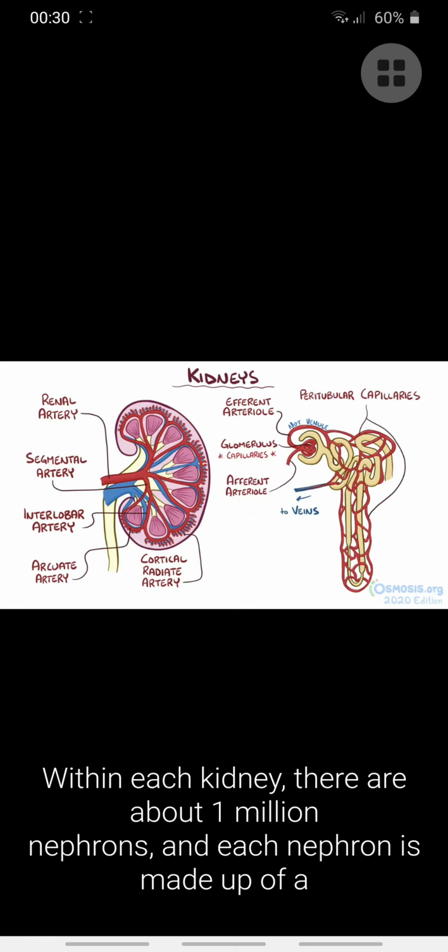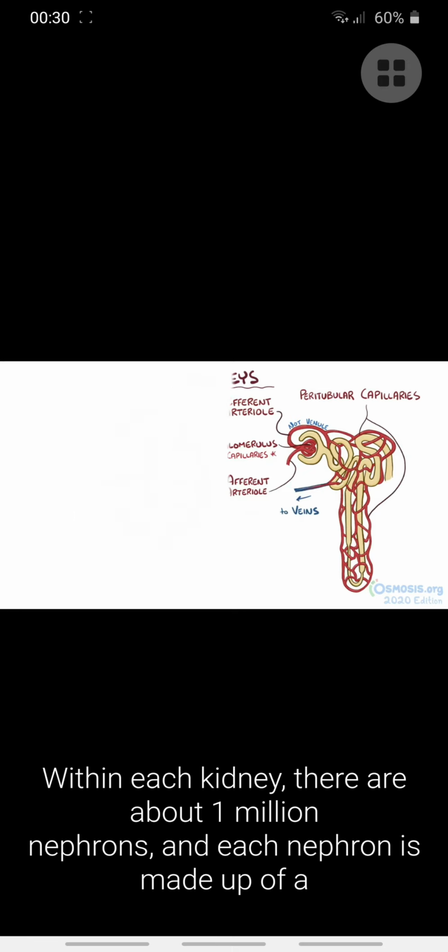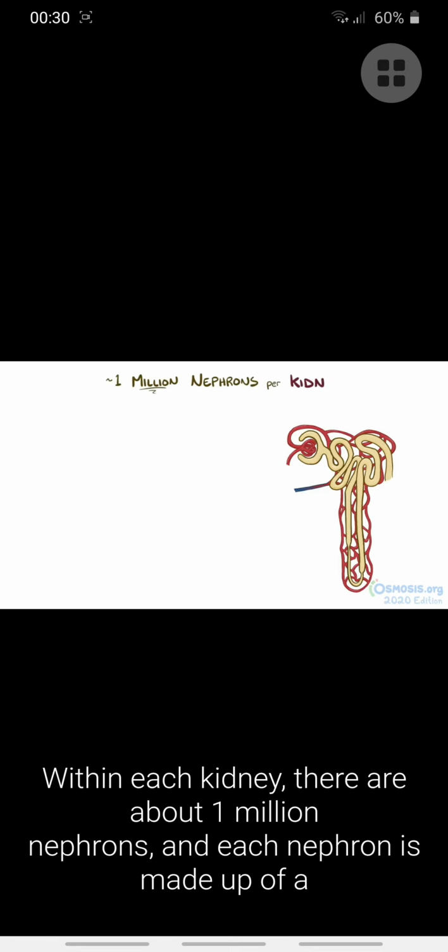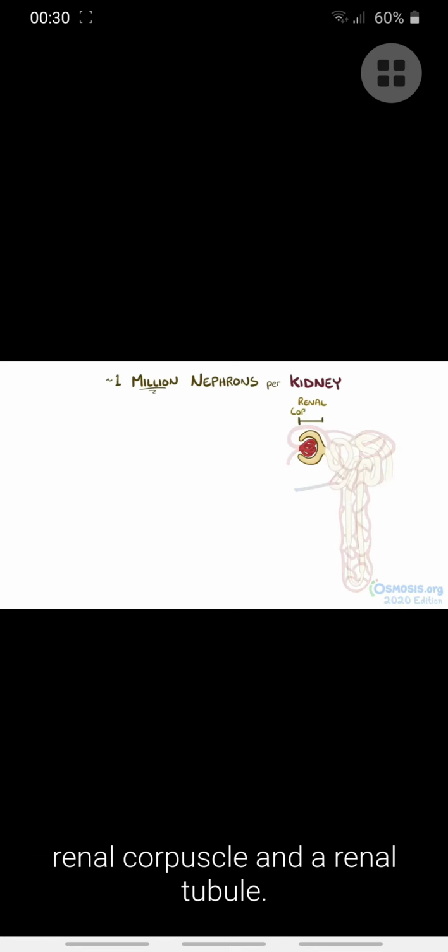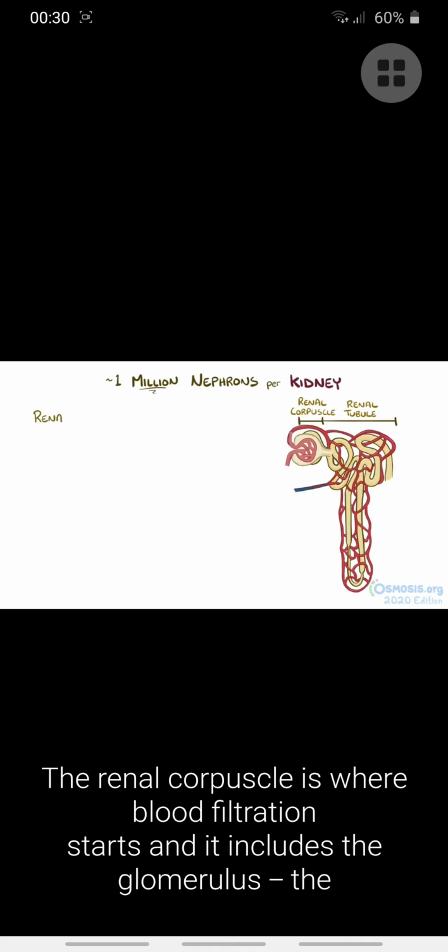With each kidney there are about 1 million nephrons, and each nephron is made of a renal corpuscle and a renal tubule. The renal corpuscle is where blood filtration starts, and it includes the glomerulus, the tiny bed of capillaries, and the Bowman's capsule, which is made of renal cells that surround the glomerulus.